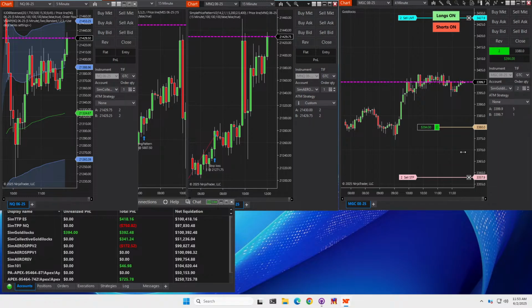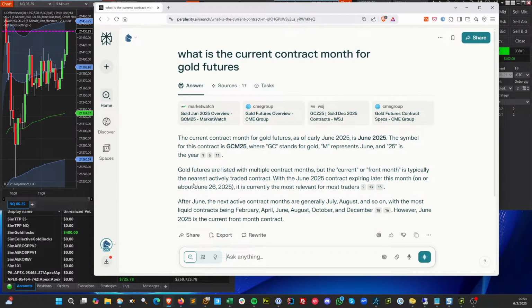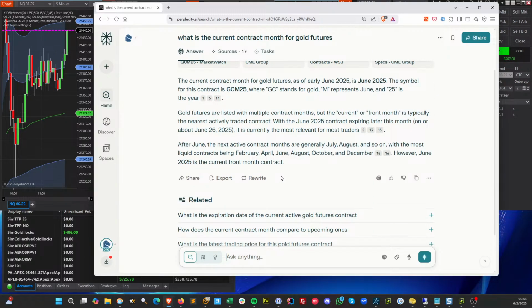Yeah, we're trading the August contract. If you do a search on AI like Perplexity, so gold expires every 2 months.